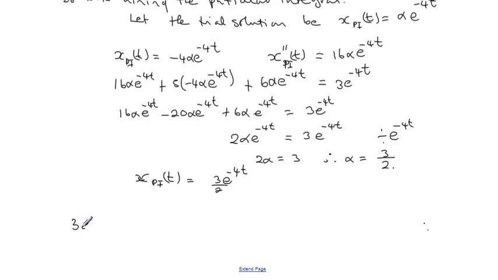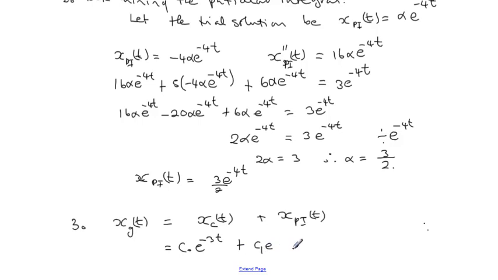The last step is to give our general solution, which in this case we're going to give as x_g, a function of t, which is going to be equal to the complementary solution plus the particular integral, which in this case is c0 e to the power minus 3t plus c1 e to the power minus 2t plus the particular integral, which is 3 e to the power minus 4t all over 2.